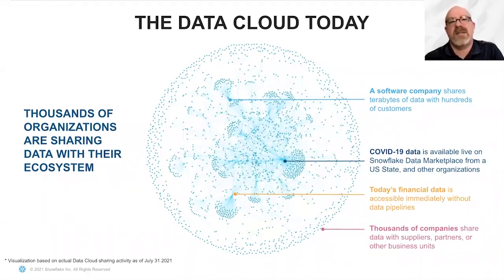This data that can be shared from Snowflake customer to Snowflake customer takes the data platform to the next level and makes it a data cloud where, globally speaking, you can run a data application using data from anywhere in the world, from any Snowflake data provider, or you can become a data provider yourself, sharing your data from your application out to other Snowflake customers. So this is really the data cloud that you're building your data application on.